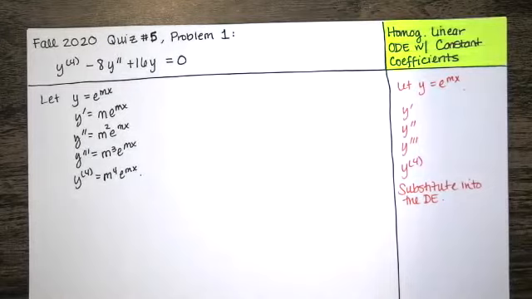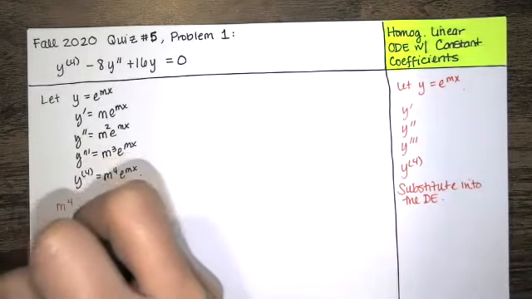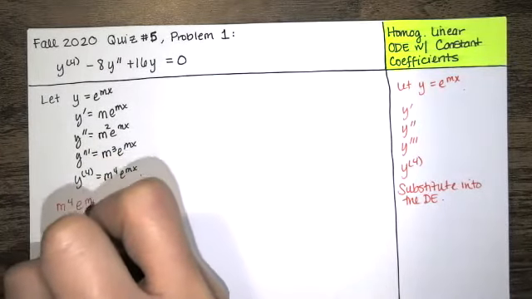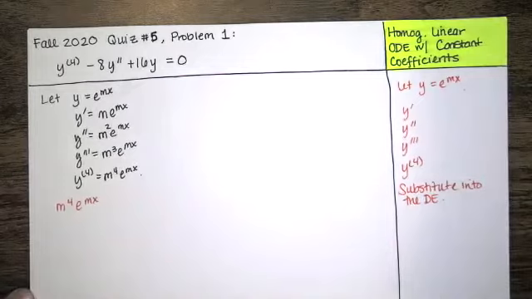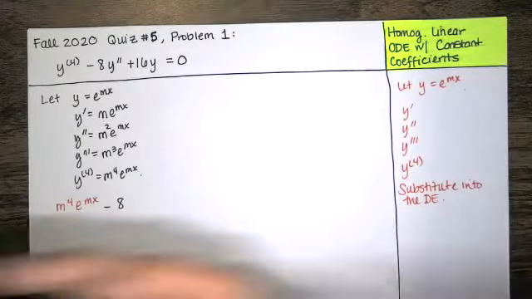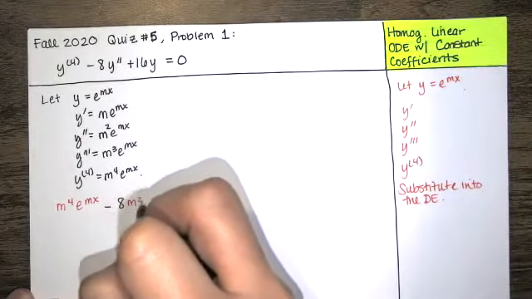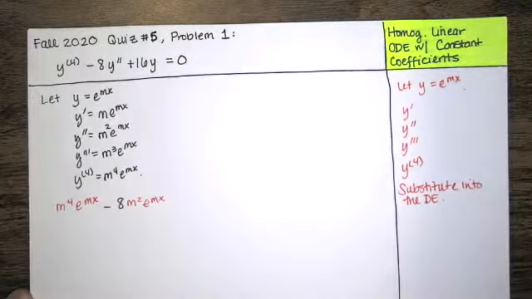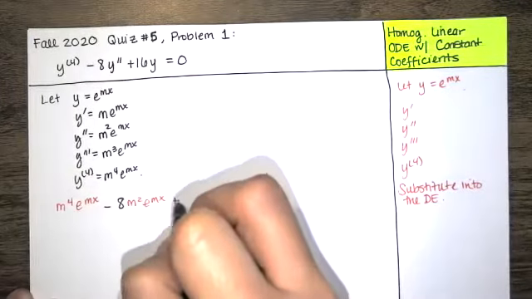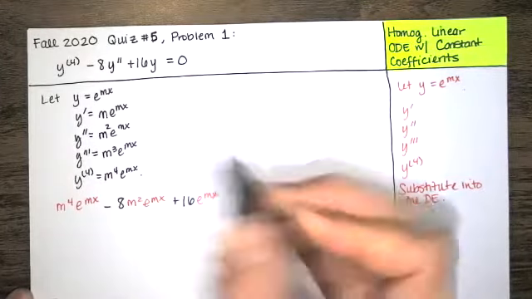So our differential equation was the fourth derivative of y. In this case, if y is equal to e to the mx, the fourth derivative of y would be m to the fourth times e to the mx. And then we're subtracting 8 times the second derivative of y. Assuming y equals e to the mx is a solution, the second derivative is m squared times e to the mx. And then we're adding 16 times y, and y was e to the mx.